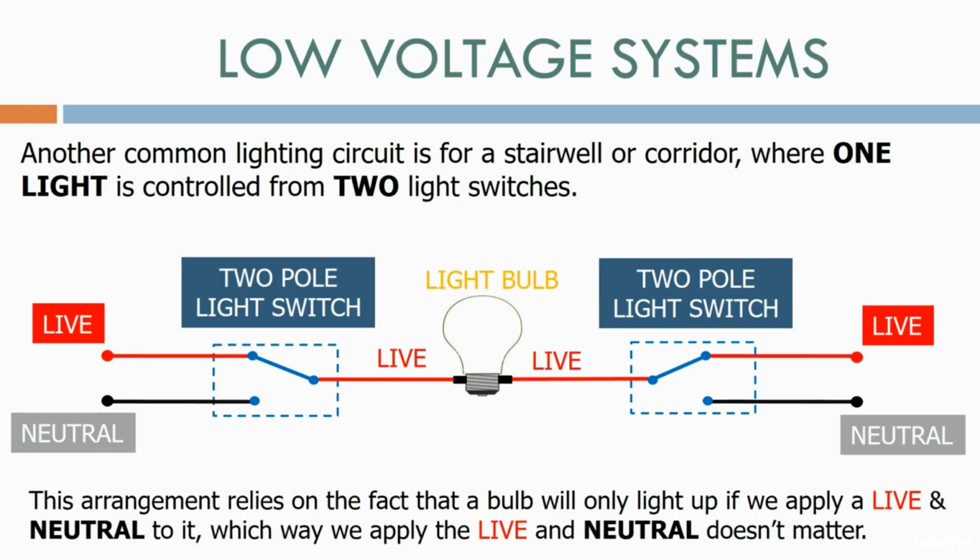This arrangement relies on the fact that a bulb will only light up if we apply a live and neutral to it. Which way we apply the live and neutral doesn't matter. By operating the left-hand switch, we change the supply from live to neutral. We now have neutral and live across the light bulb. It therefore lights up.